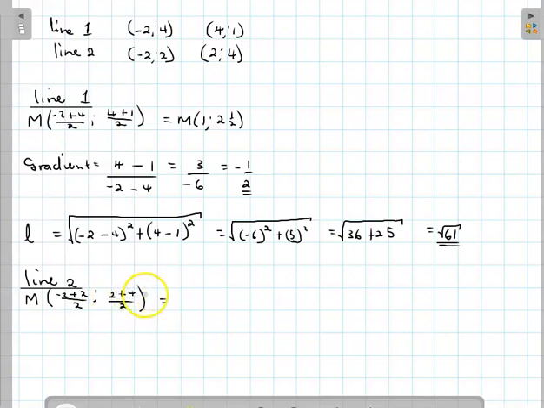Negative 2 plus 2 is 0, so 0 over 2 is 0. That will give us 0, 3. Right, and then the gradient. So change in y. We separate the y's. I'll start with the second point now. So the y's will be 4 minus 2 over, now separating the x's, 2 minus negative 2. So this will give us 2 over 4, which is half.